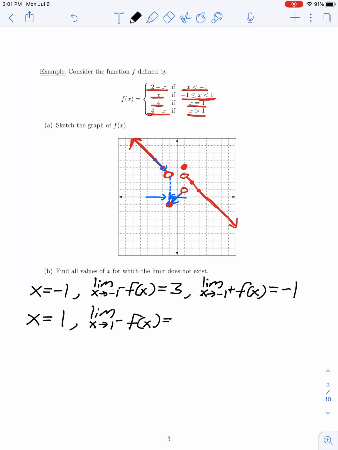Now, associated with infinite limits, we can define asymptotes of the graph of a function. So let's look at the definition of a vertical asymptote.